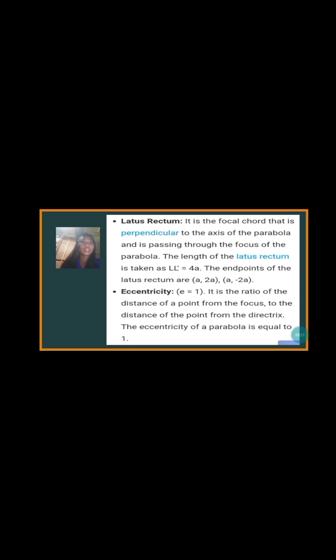The endpoints of the latus rectum are (a, 2a) and (a, negative 2a). We also have the eccentricity, e is equal to 1. It is the ratio of the distance of a point from the focus to the distance of the point from the directrix. The eccentricity of a parabola is equal to 1.